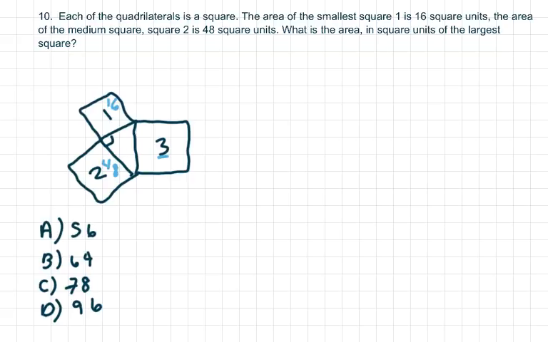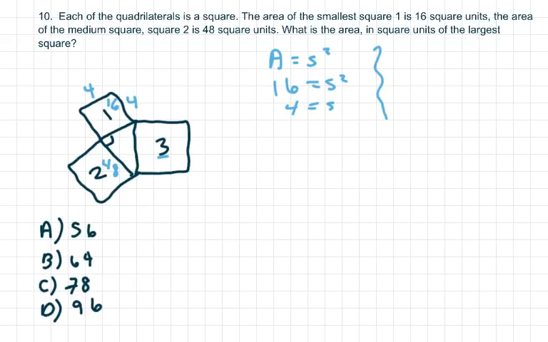So the area of a square is given by the formula area equals side squared. If the area of the smallest square is 16, then 16 equals side squared, so your side is 4. Since it's a square, all the lengths are 4 here. Okay? Now, same thing for the other one.